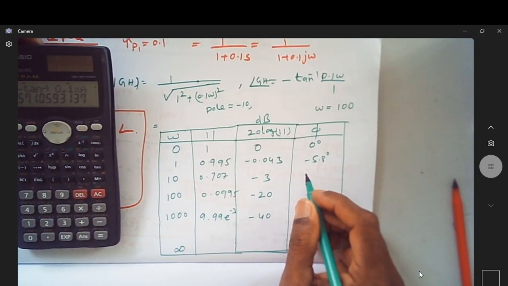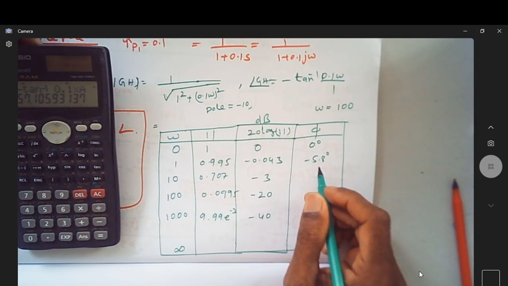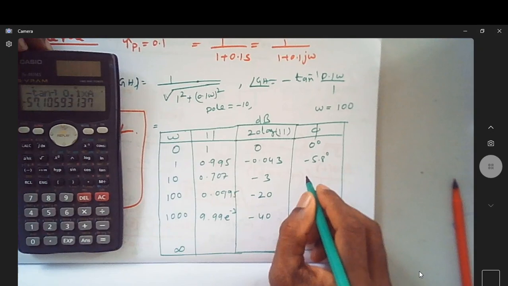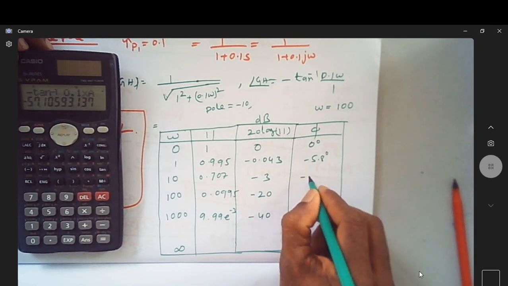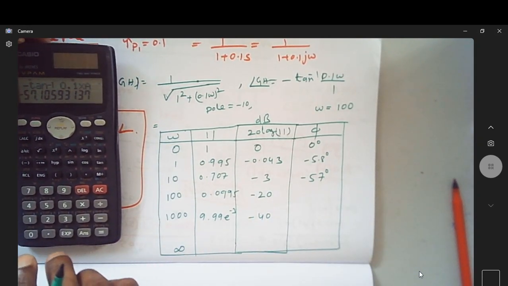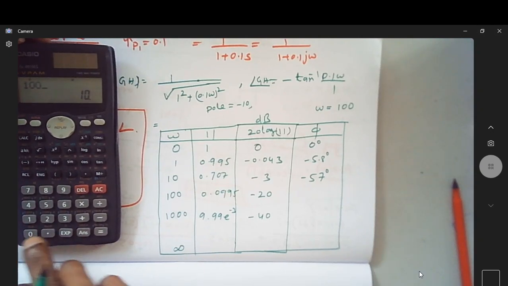What is this now? When omega is equal to 10, this is at minus 57 degree. So then calculate at 100.